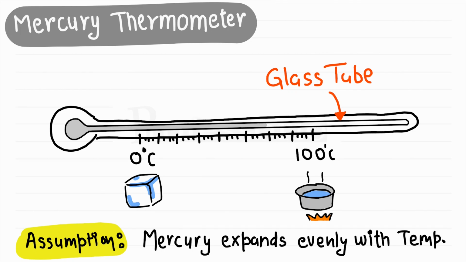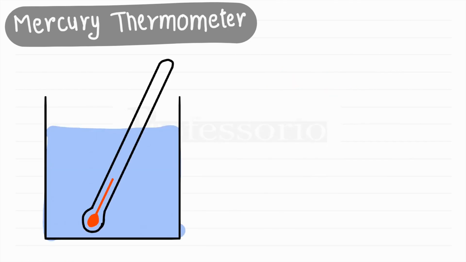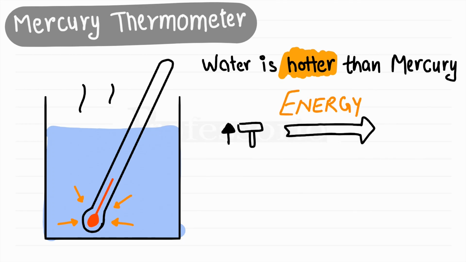To measure the temperature of something, let's say water, you place the bulb of the thermometer in contact with it for some time. If the water is hotter than the mercury, some heat flows from the water into the mercury. That's because energy always moves from a higher temperature to a lower one.